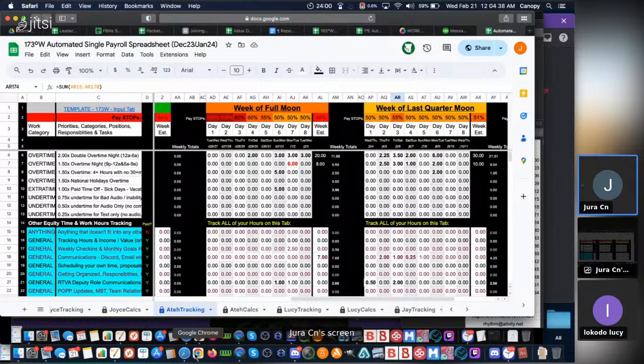It's probably fine if she thinks that she did, but it still doesn't change the fact, why is the overtime coming up so weird in terms of the percentages? So let's try to figure out why it's coming up so weird.